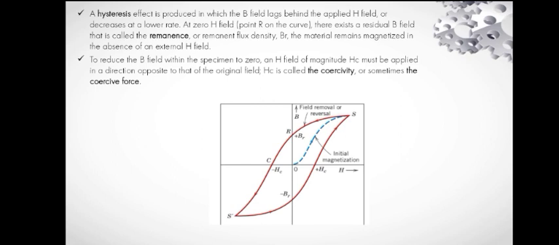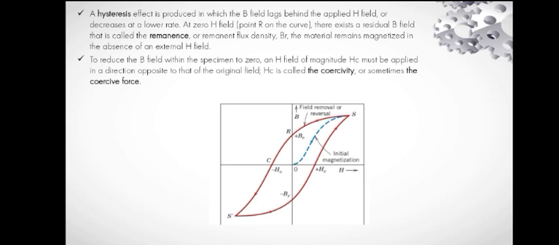In the figure, the magnetic flux density versus the magnetic field strength for a ferromagnetic material that is subjected to forward and reverse saturation, from point S to point S. The hysteresis loop is represented by the solid curve. The dashed curve indicates the initial magnetization. The remanence B sub R and the coercive force H sub C are also shown.